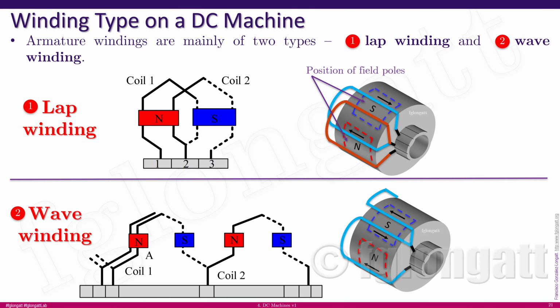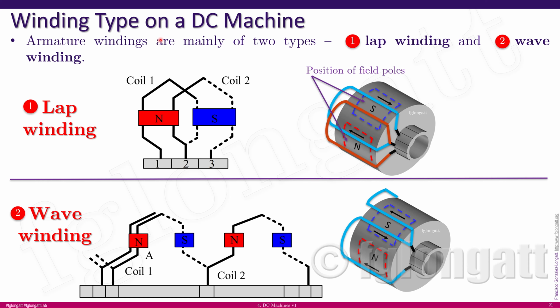You must remember this slide from my classes, and this slide is extremely important, because in it I present the two different types of windings that we can find in most DC machines.